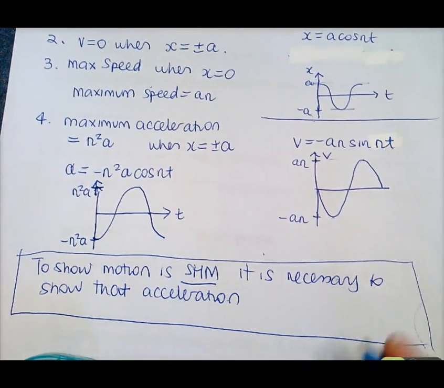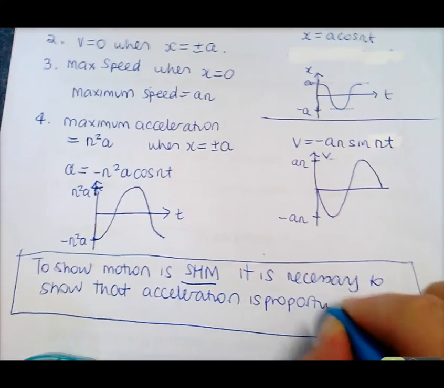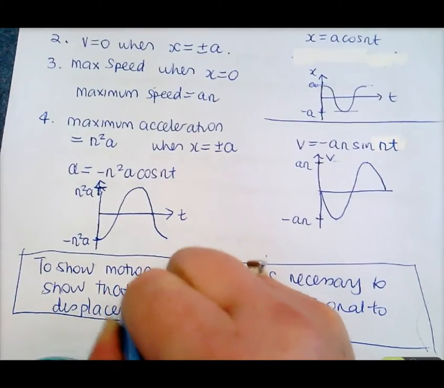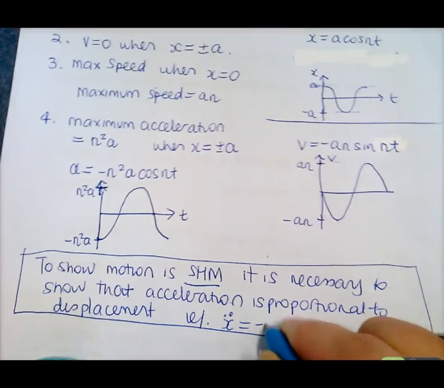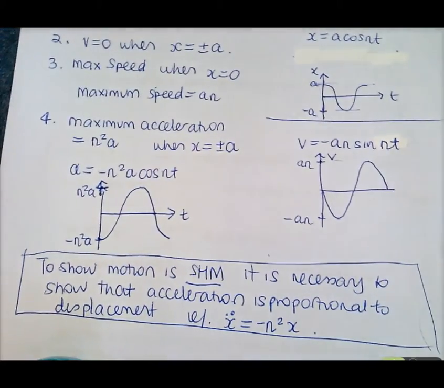It is necessary to show that acceleration is proportional to displacement. That is, we want to show that x double dot equals negative n squared x. That's what you need to show. If we say show that it's simple harmonic motion, that's what you've got to prove.